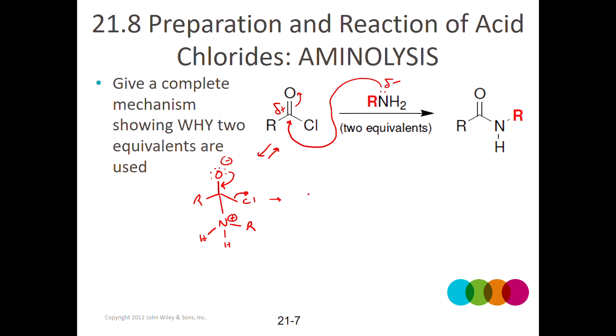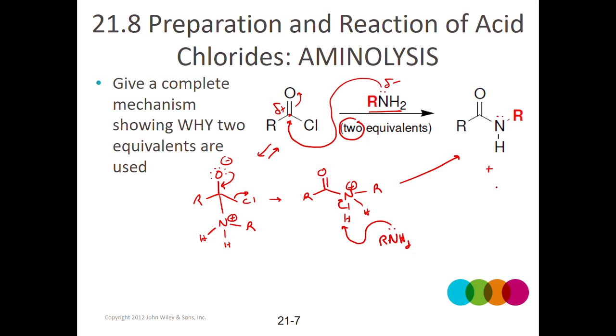If the chloride leaves instead, as we reform the CO double bond, now we can see we're almost at the amide. We just have to remove a proton. And that's why we need two equivalents of this. We're using specifically two because the first one is used up during the nucleophilic attack to form this intermediate, and then the next one is used up to pick up a proton to make the nitrogen neutral.